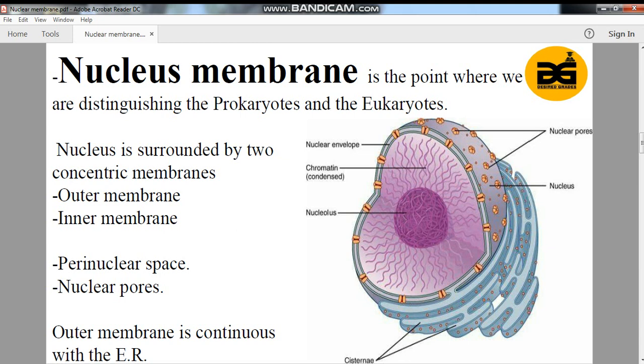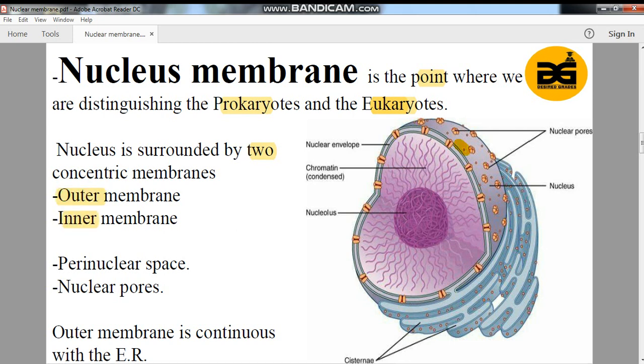Now let's start with the nuclear membrane. The nuclear membrane is the main thing which helps us to distinguish the prokaryotes and the eukaryotes. We all know very well that prokaryotes do not contain the nuclear membrane, while the eukaryotes contain the nuclear membrane. The nucleus is surrounded by two concentric membranes, the outer membrane and the inner membrane.